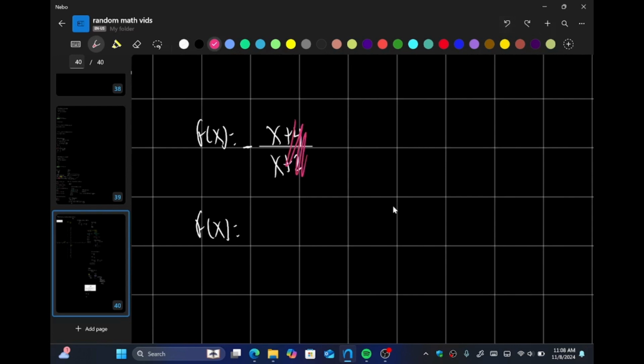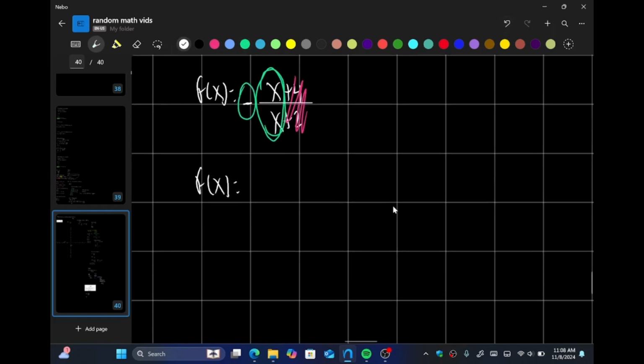Just look specifically at this, and at this as well. So this is negative x, and x is x to the first power, over x to the first power.